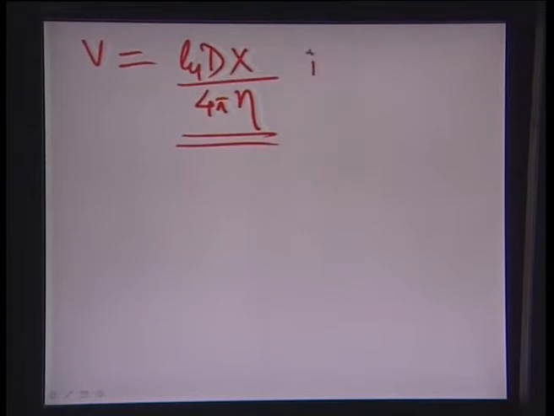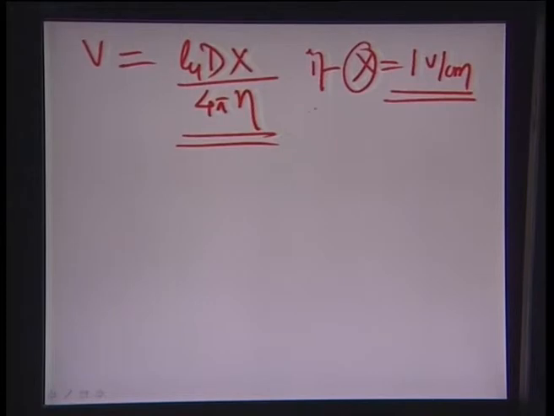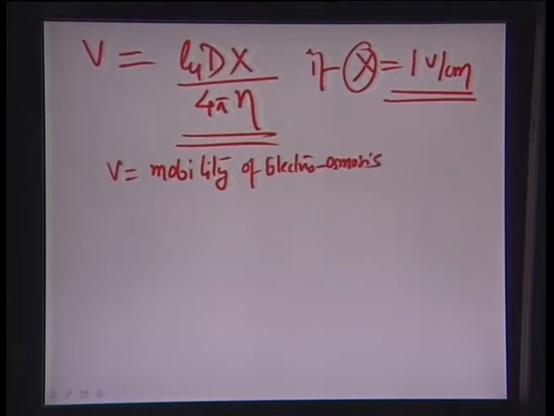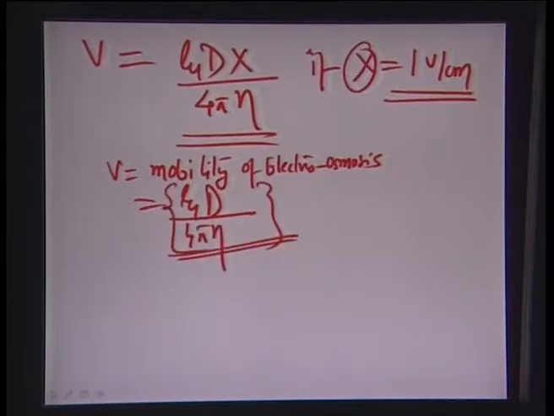And if we assume an electric field of 1 volt per centimeter, or an electric field of unity value, then we are left with a velocity which is also known as the mobility of electroosmosis, or the electroosmotic mobility, zeta d by 4 pi eta. Okay.